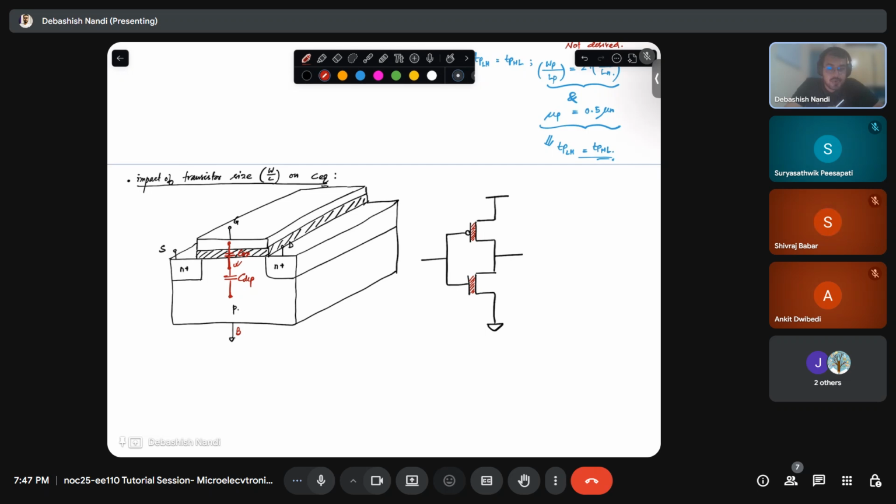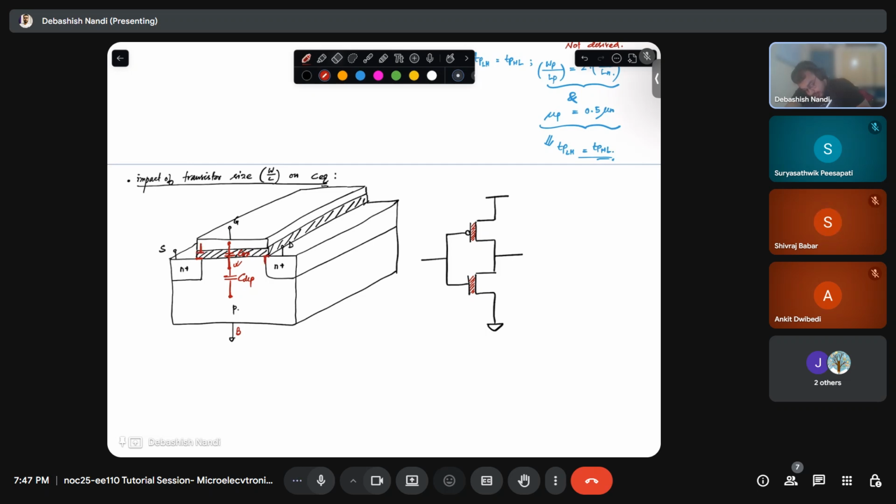Yes, sir. So where do I see the gate to source capacitance? Sir, the gate is overlapped between the N and the P regions. So you mean to say both this region, right? Yes, sir.